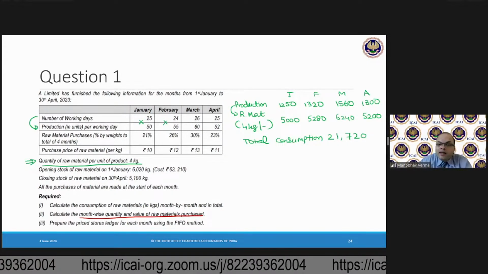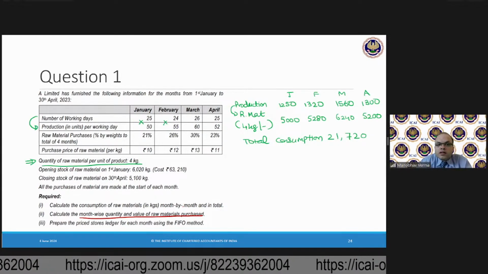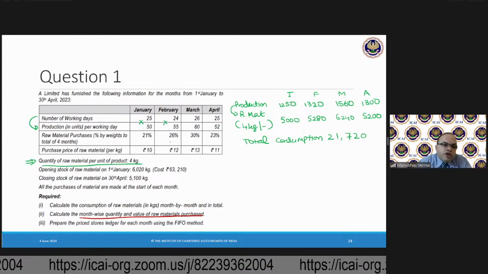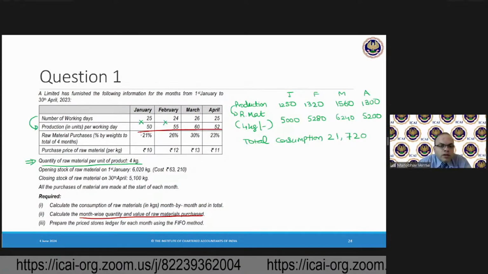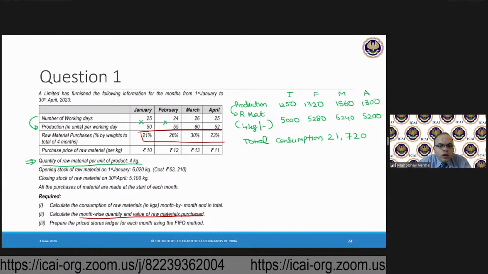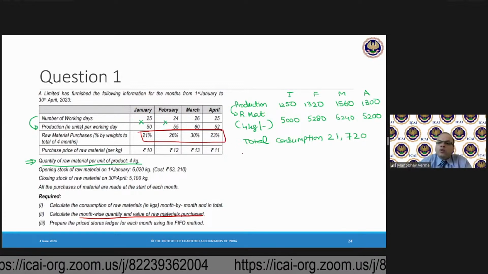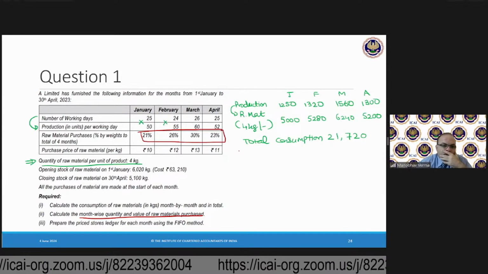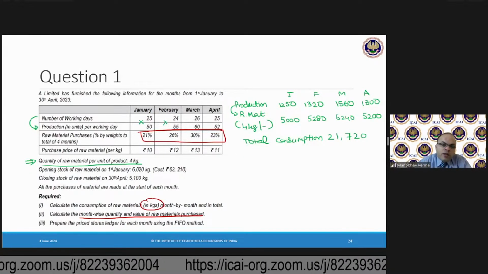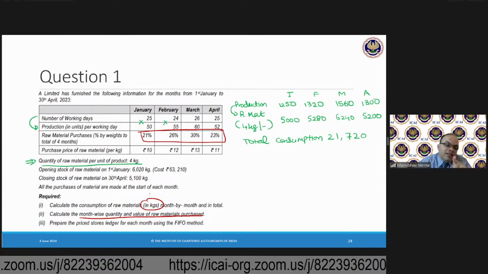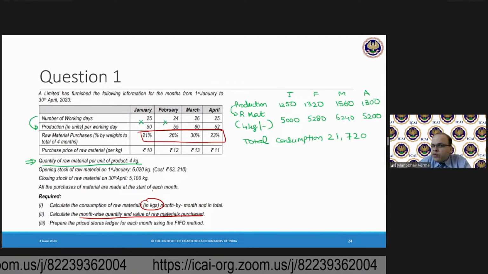We have to analyze that the information given to us is in the percentage form. Can we actually calculate? Because we already know the consumption in kgs in part number 1. Can we calculate the total purchases and apply these percentages? I think we can.